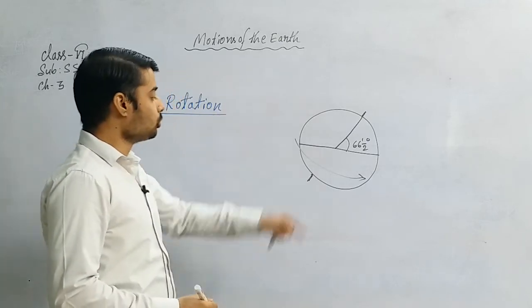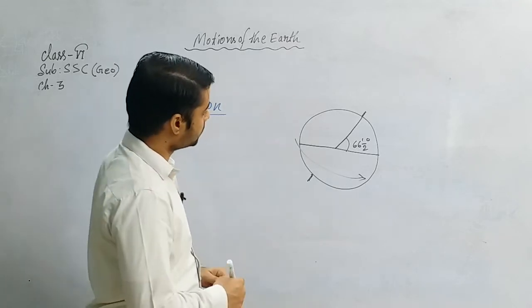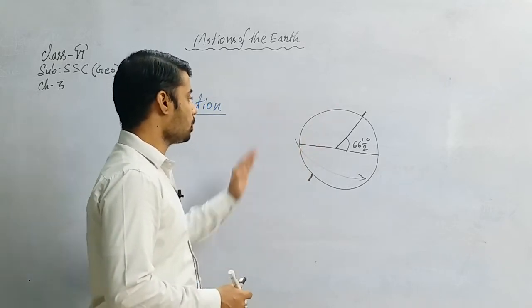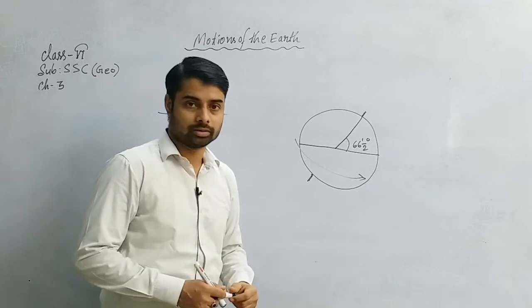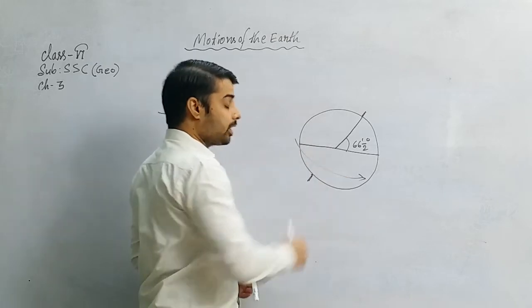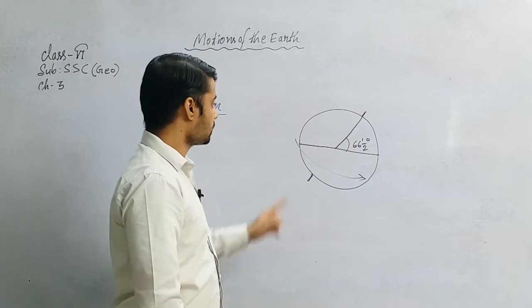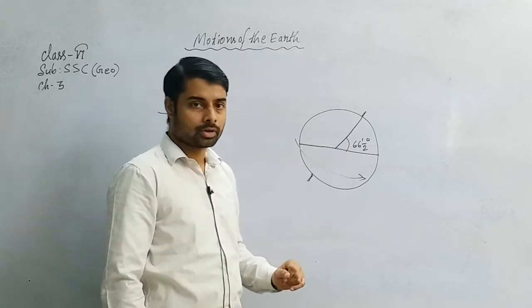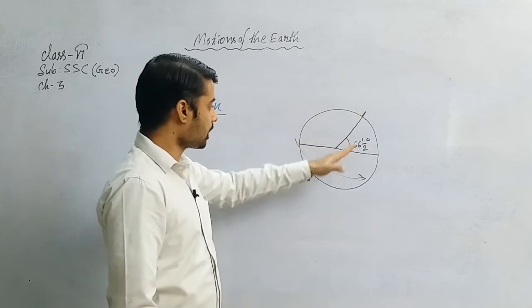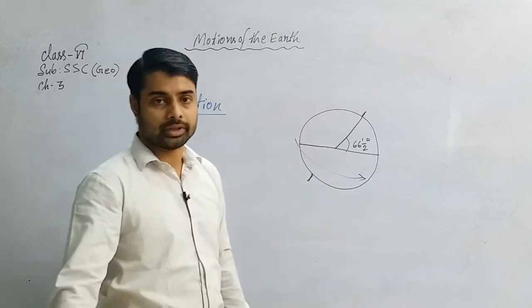Now when Earth moves on its axis and is slanted, it creates a 66.5 degree angle with its orbital plane. So what is the orbital plane? You have to know first that the plane in the middle of the earth creates a 66 degree angle, and that plane is called the orbital plane.